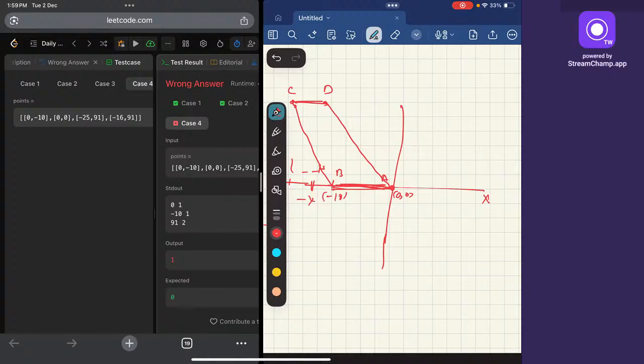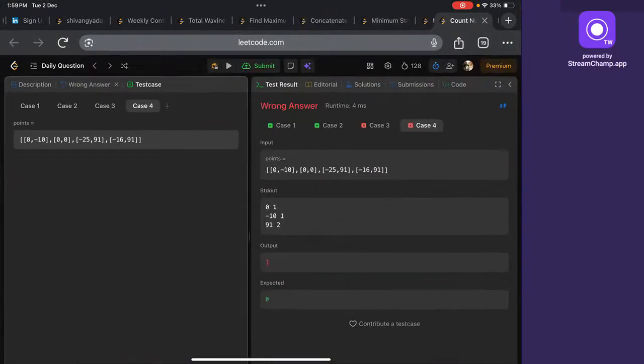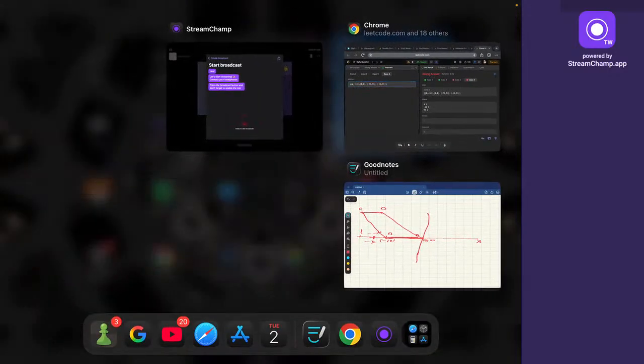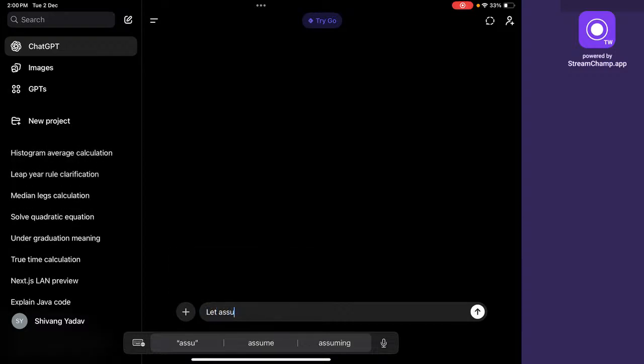Let's ask ChatGPT why it is wrong. x-axis, right?